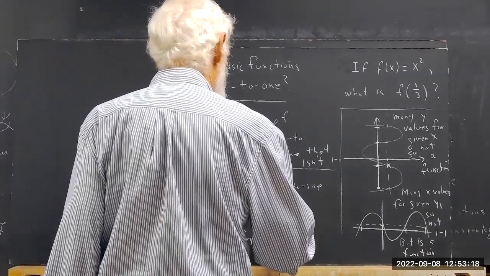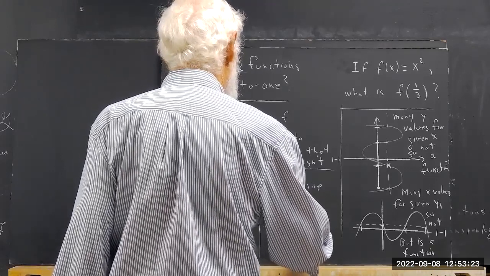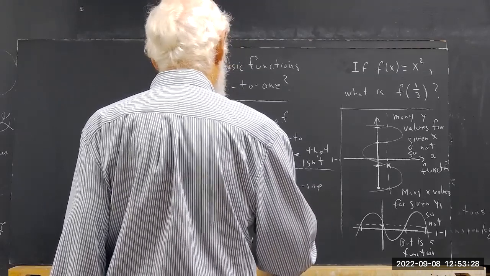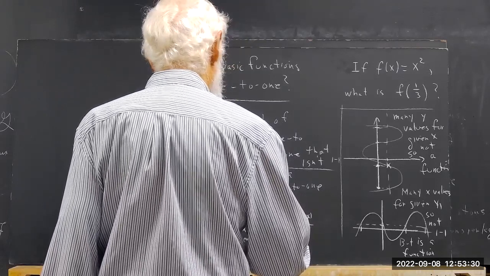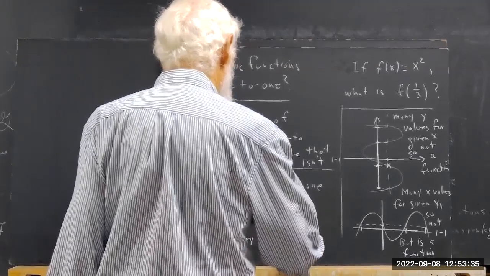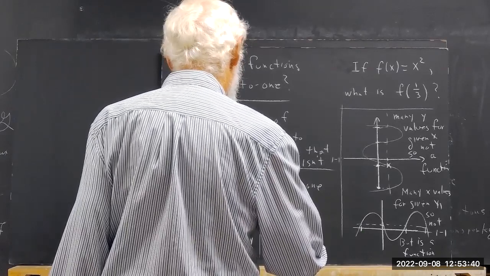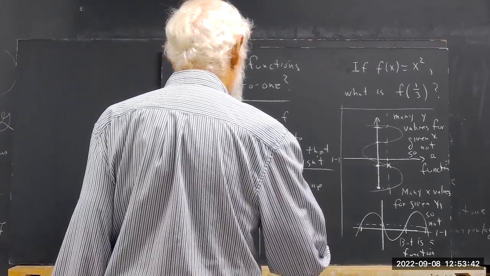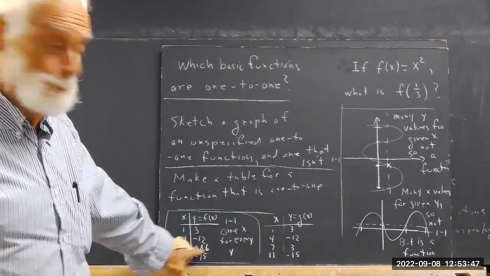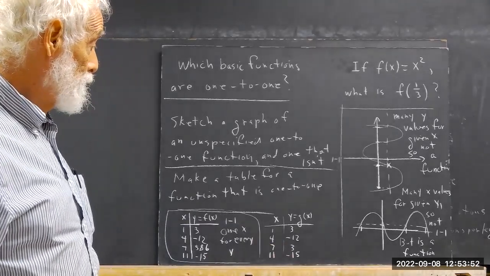Okay, now here's another one. Let's go ahead and use the same x values so I don't have to think for it. I'm going to use some of the same y values, except it takes too long to write out 586, so I'm just going to write 3 over here. Well, is this one-to-one?